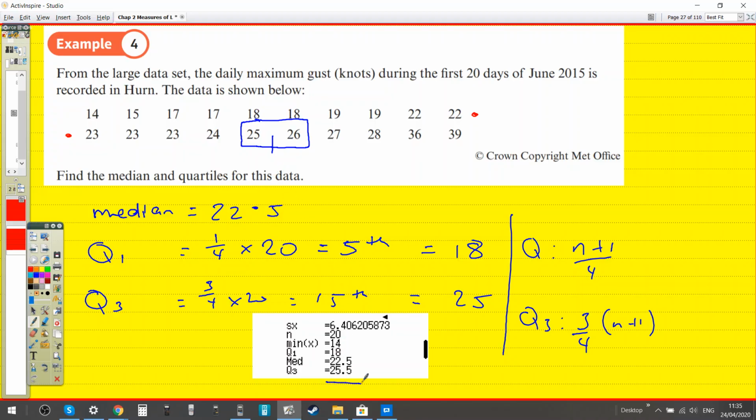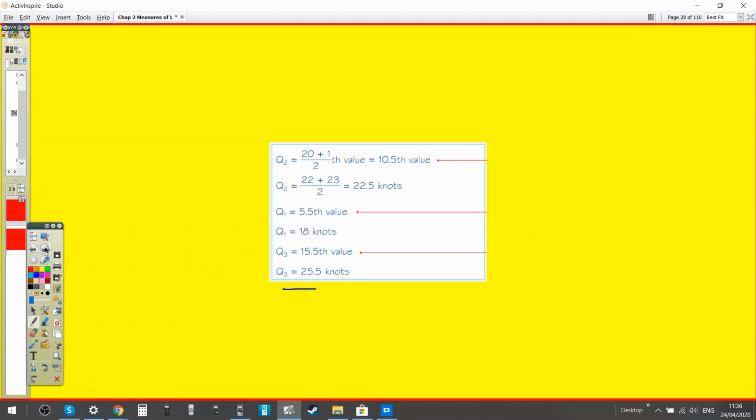Our calculator just defaults to continuous data. For discrete data, like shirt collar size, it's just 1/4 times n. For continuous data, like speed, it's n plus 1 over 4, so you add 1 to the total n. This would be 21 over 4, which is still between 22 and 23. Any questions about that?